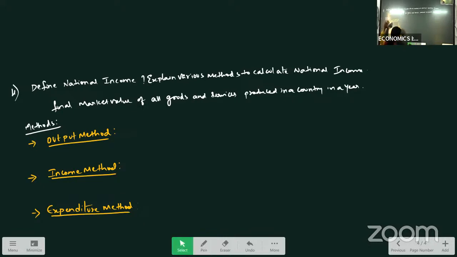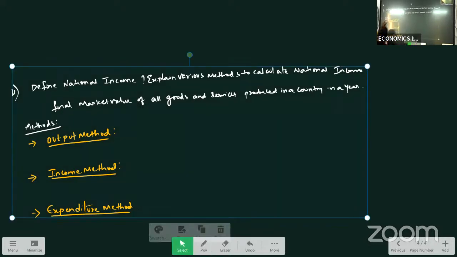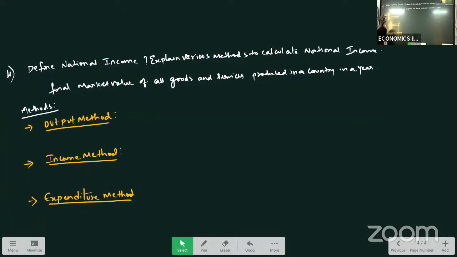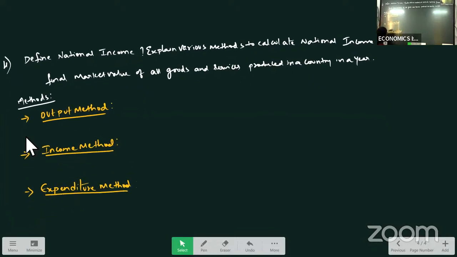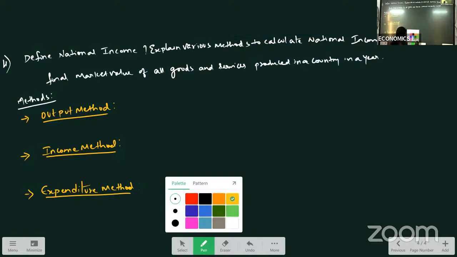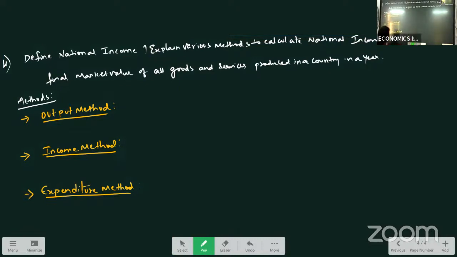So, how you will write this answer here? When you explain this output method, so output method is what? The total output produced by all the firms in a country in a year. Okay, so it is the market value of all final goods and services produced in a year.